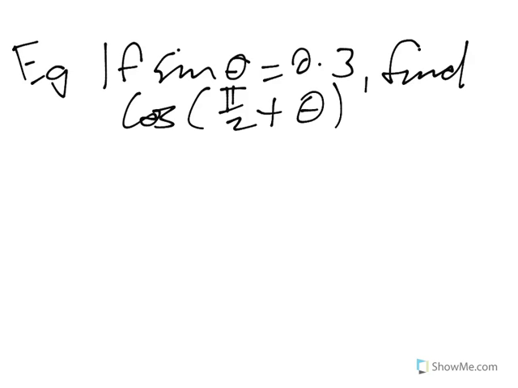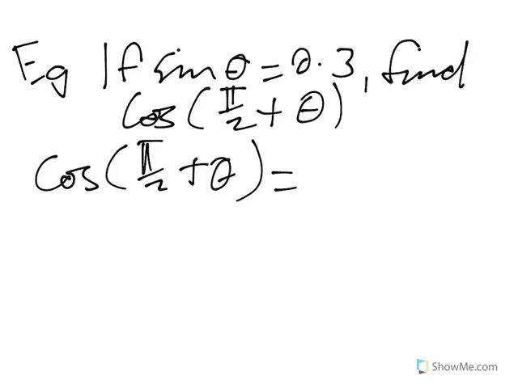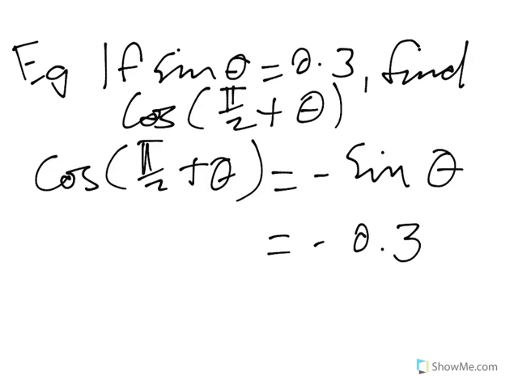When you look at those relationships on the previous page, the cos of pi on 2 plus theta is this one at the bottom, and so it's the same as negative sine of theta, and that means it's negative 0.3.